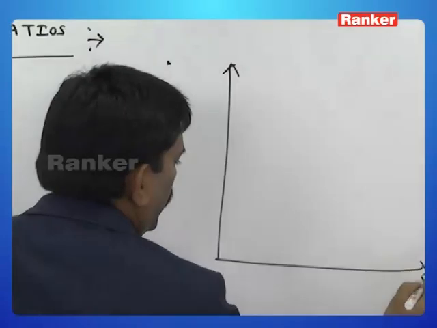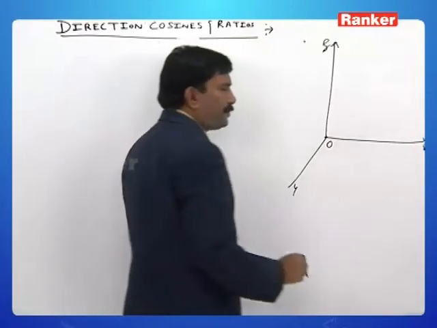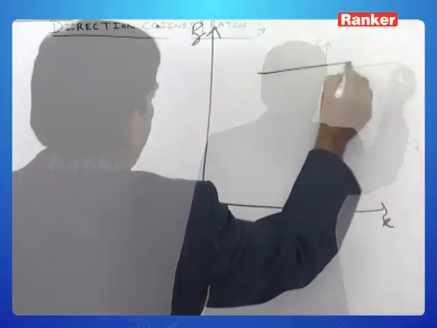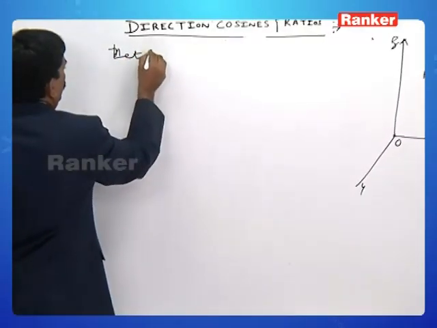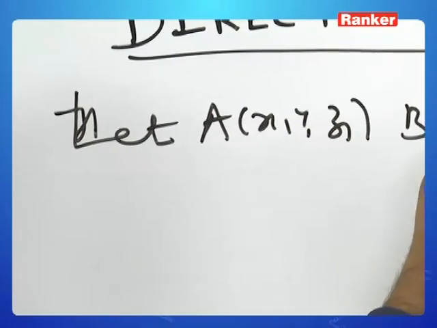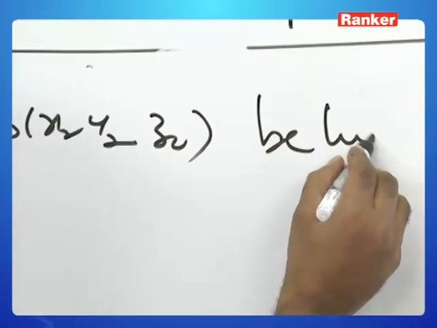Note: if I select a space x, y, z with respect to the origin, and a point, say, for example, this is AB, let A of x1, y1, z1 and B of x2, y2, z2 be 2 points.